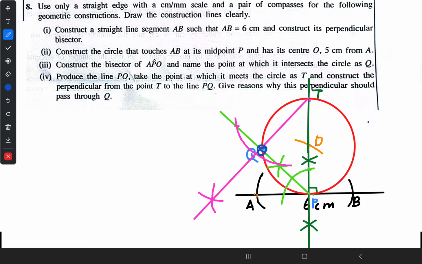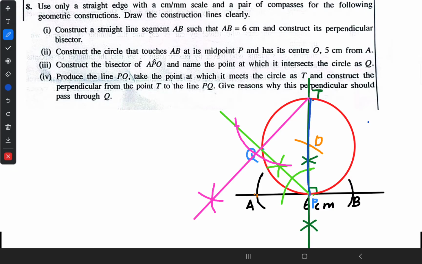Then there is no relationship between T and Q. We just constructed a perpendicular line from T to this given line. That is exactly going through Q. So they are asking why this perpendicular should pass through Q. So we have to write the reason. It's not a big deal.